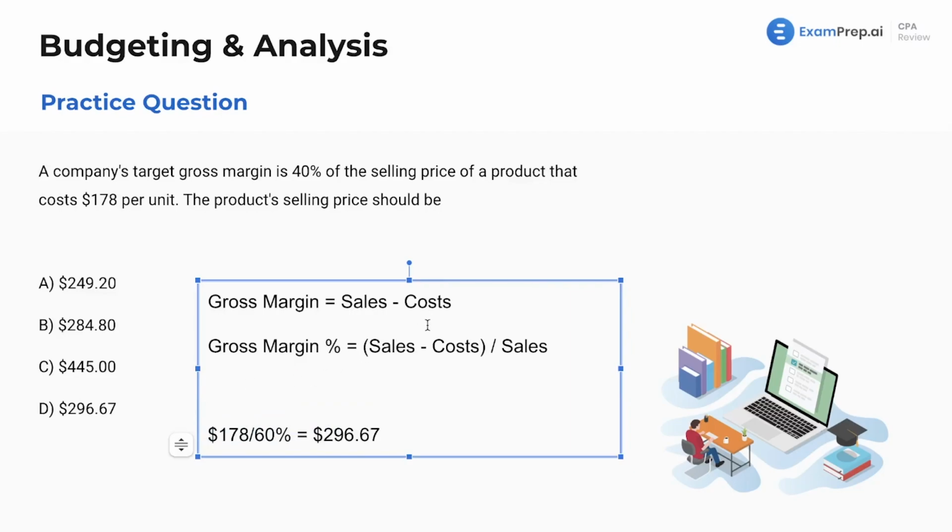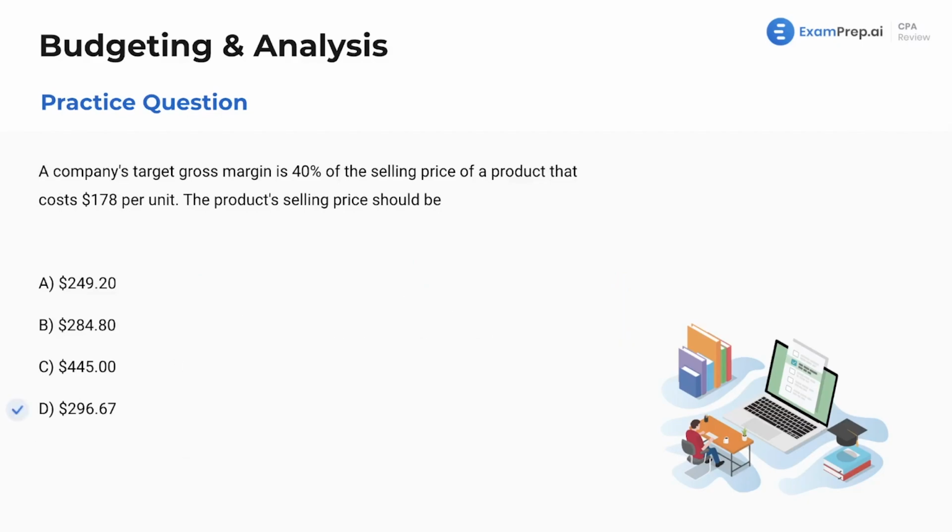Here I would say gross margin percent, 40%, sales, 296.67, minus costs of 178, divided by sales of, again, 296.67. All right, and final answer here is going to be letter D, 296.67.